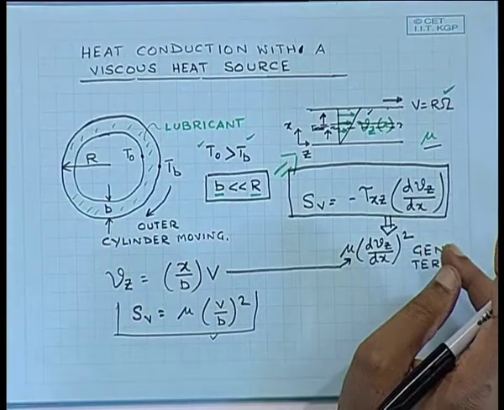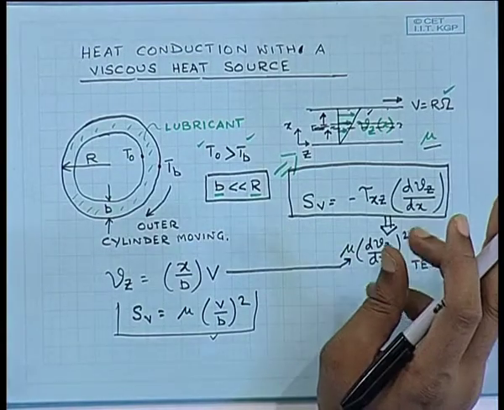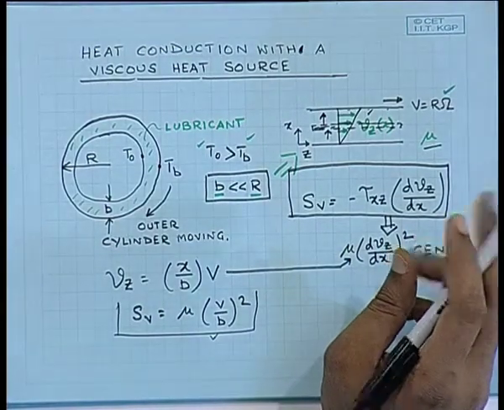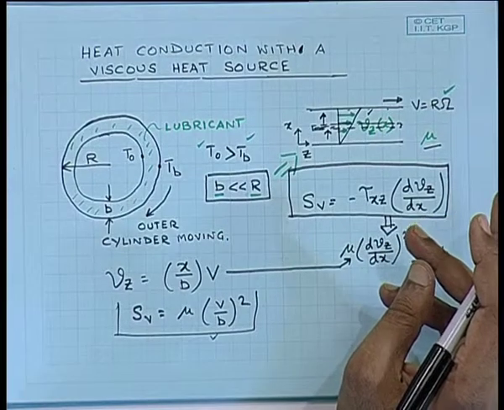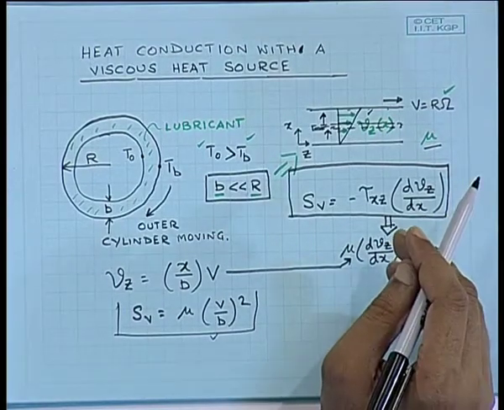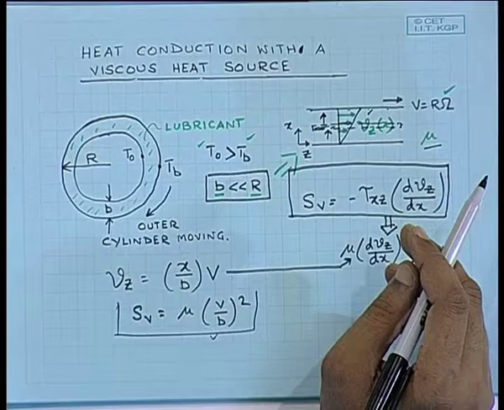Why is it a laminar flow? I mean, the bearings are rotated at a very high speed, but even then we are assuming that it's a laminar flow. So, even though the velocity is very large, the gap between them is small. So, it has an effect of stabilizing the system.